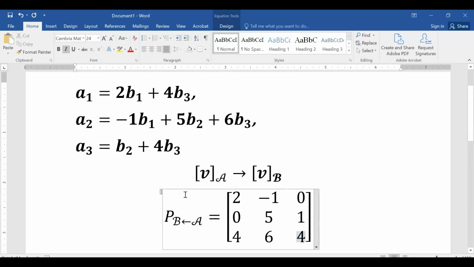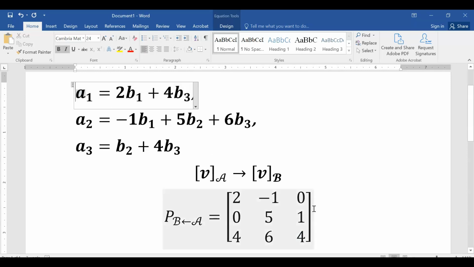Now, the one thing you have to be a little bit careful of is which direction we are going. So this matrix takes a vector from A into a vector from B. And the way you test that is you say, well, what would the coordinate vector with respect to A be for A1?